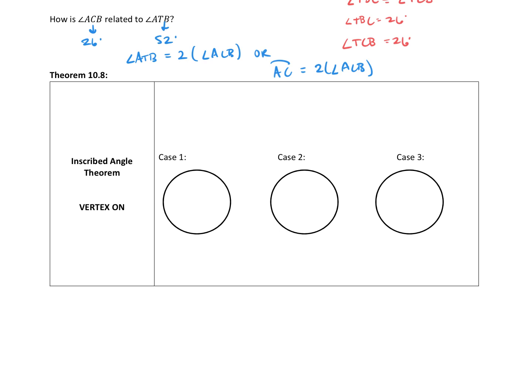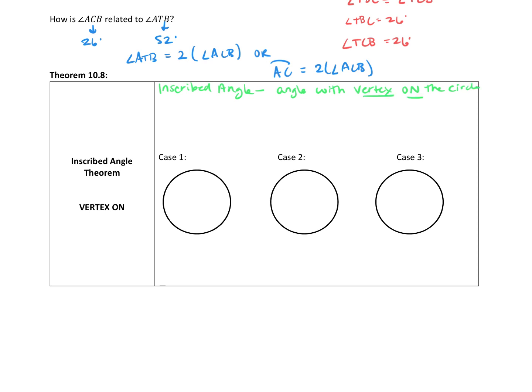So let's put a definition in here. An inscribed angle is an angle with the vertex on the circle. I'm going to capitalize the word on. So on the circle.